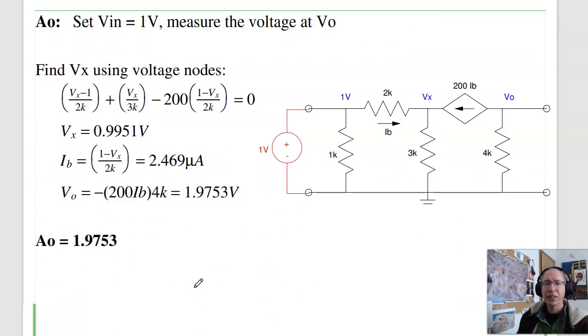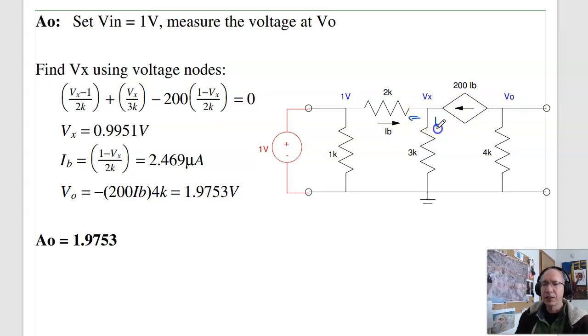To find the output gain, apply 1 volt at the input, find Vout. Here I'll do voltage nodes. The current left plus current down plus current right equals 0. Current left is Vx minus 1 over 2K. Current down is Vx over 3K. Current right is minus 200 times 1 minus Vx over 2K.